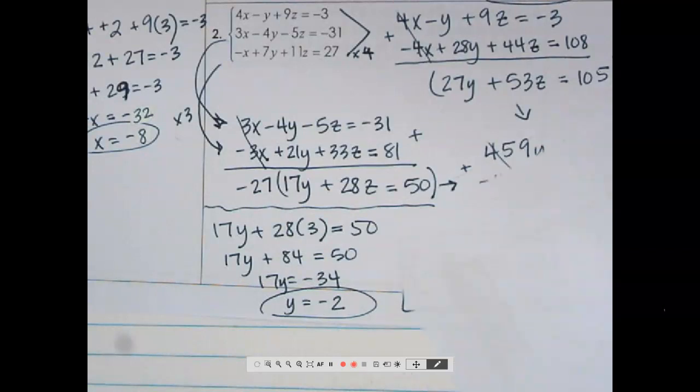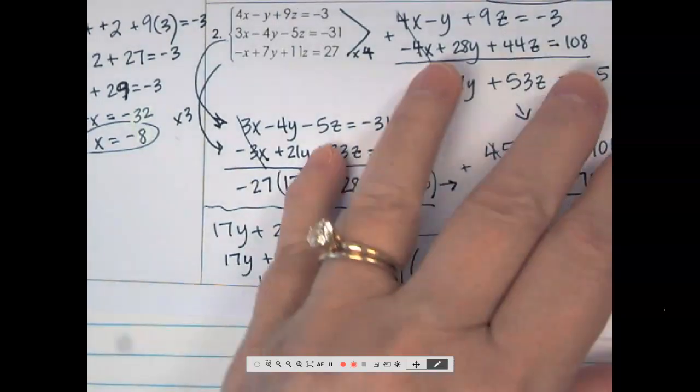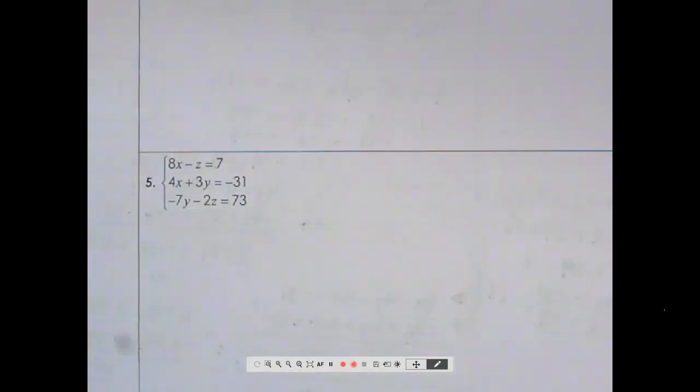Alrighty. Let's see. I'm going to give you one to do on your own. None of these seem any harder or easier than the other. Actually, 5 is a little bit interesting. Look at 5 and tell me what's different about 5. Each equation's missing something.